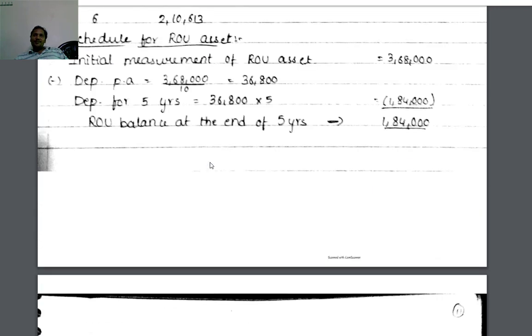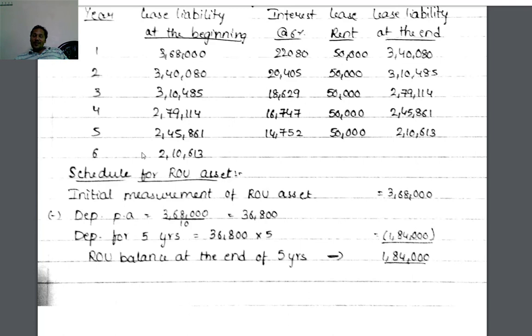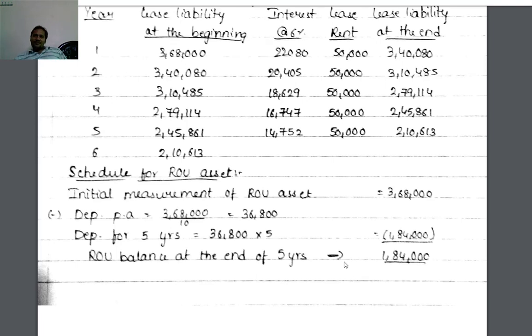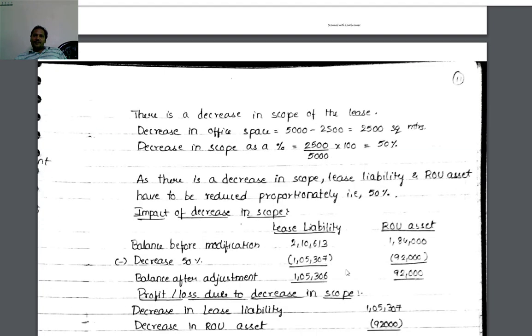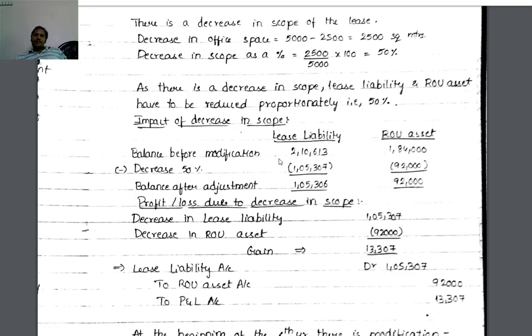Now, the balance of lease liability is 2,10,630. Balance of ROU asset is 1,84,000. Now, we are reducing the scope of the lease by 50%, then asset and liability also are to be decreased by 50%. Lease liability balance before modification 2,10,630.